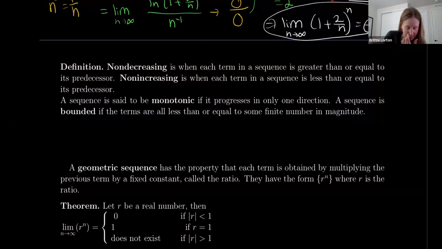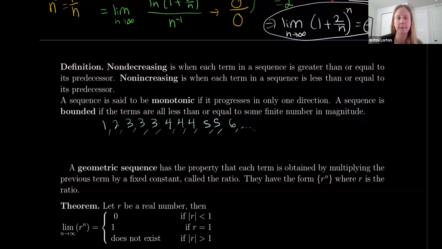So why do I care about the non-increasing and non-decreasing? Think of the sequence 1, 2, 3, 3, 3, 4, 4, 4, 5, 5, 6. This is an infinite sequence. This is not strictly increasing because sometimes it was staying the same.